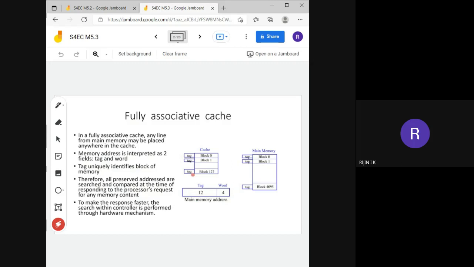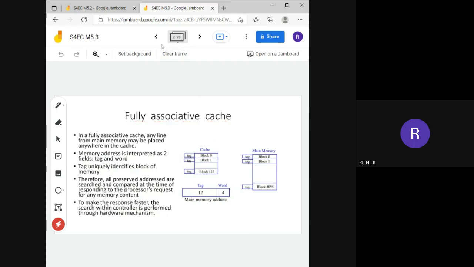That will take time because it has to search all the tags to find a particular block. So, in order to make the response faster, the search within the controller is performed through some hardware mechanism. Then we can improve the searching in fully associative cache memory.